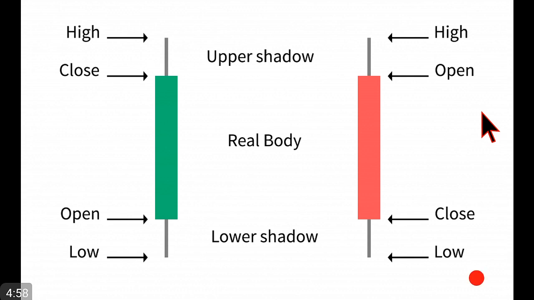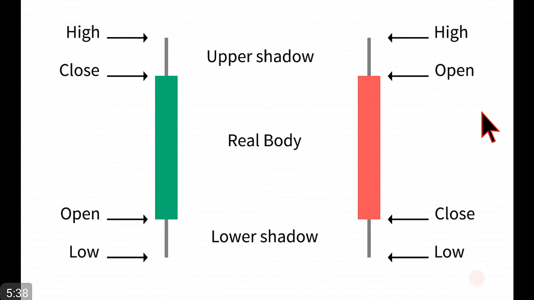Once you change the form of the price chart to candlesticks, this is what you basically see, especially on the default, where the green candle represents the bullish candle, meaning the price is going upward, and the red candle represents a bearish candle, which is price coming down. I want you to take note of this, because I'm going to be using these terminologies when explaining support and resistance in depth.